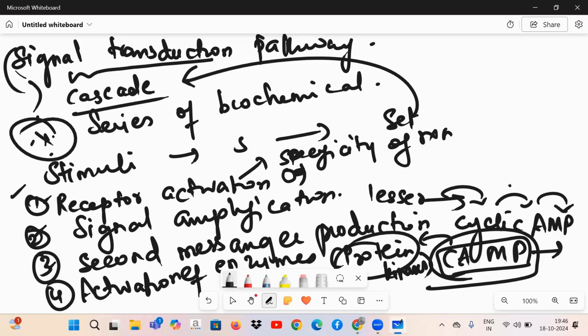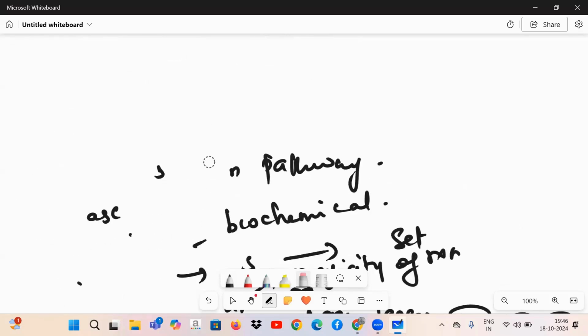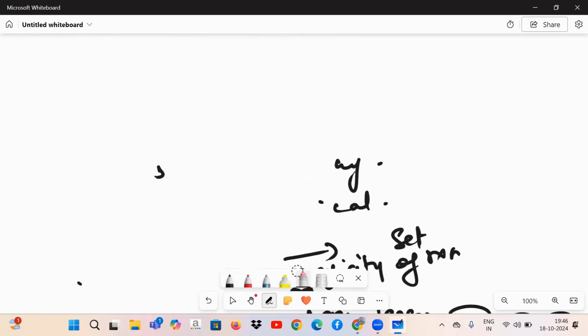Okay. Good. So this is about signal transduction. Let's move to the next part. Whatever we are talking about now is for the purpose of a response, correct? A signal molecule is produced and binds to the receptor.